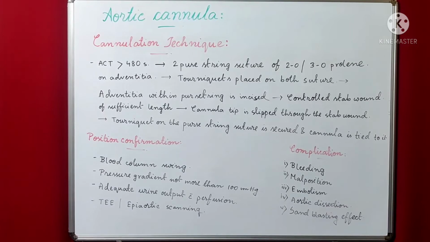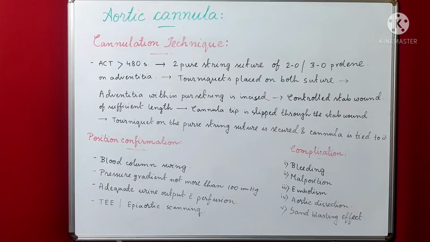Next, the steps of cannulation. First, two purse-string sutures of 2-0 or 3-0 prolene are placed. Now this is a very common question asked in viva or as a short question: how many purse-string sutures are taken for aortic cannulation?